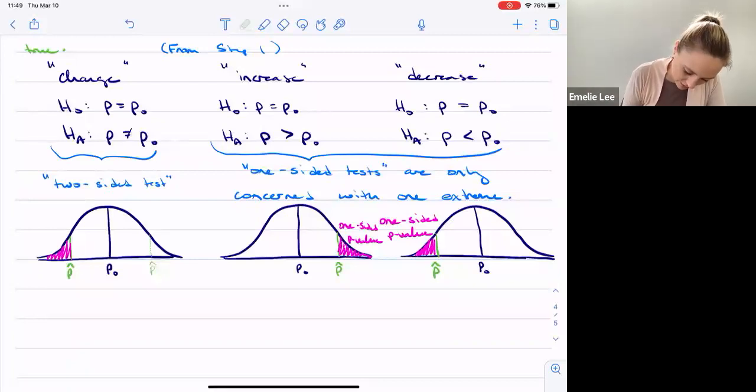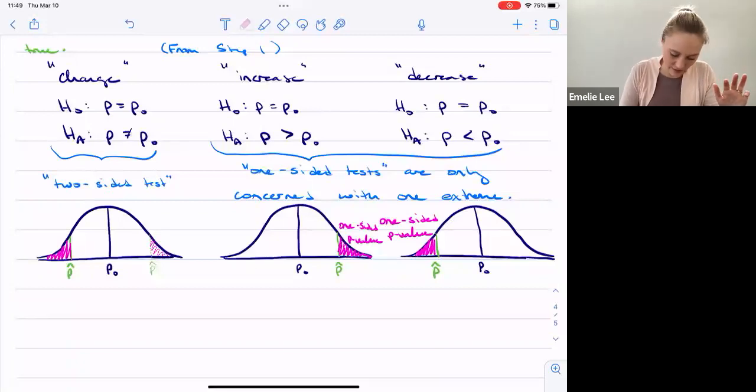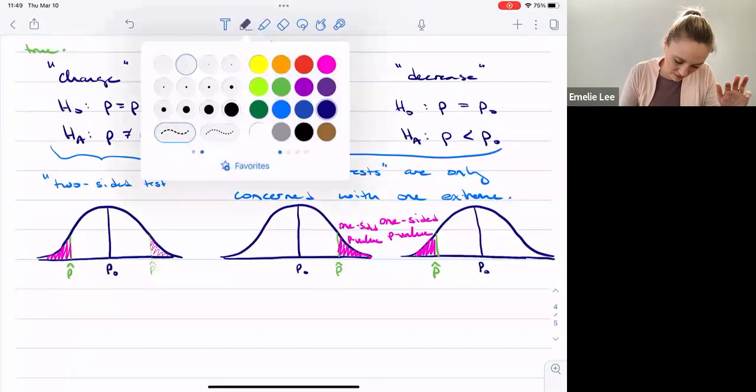And so then I have this second tail that I want to look at.